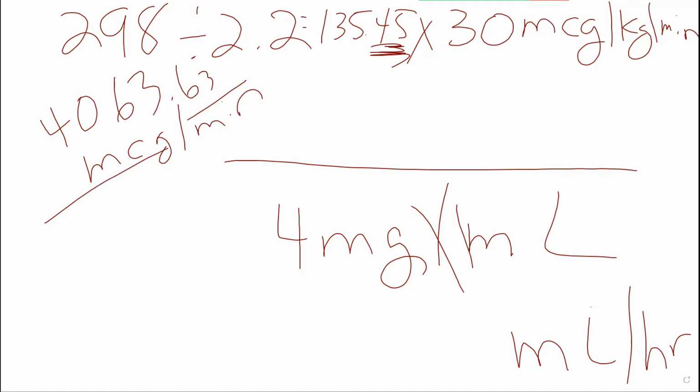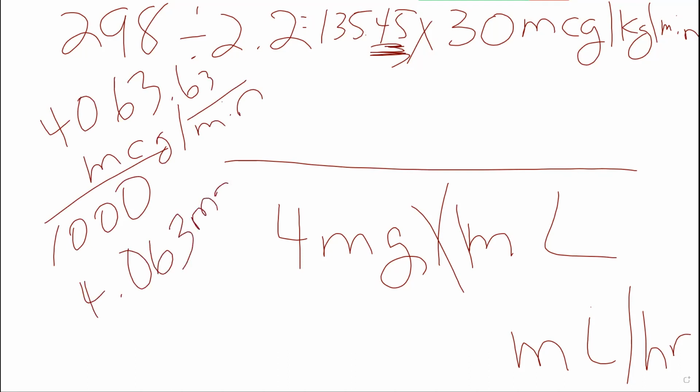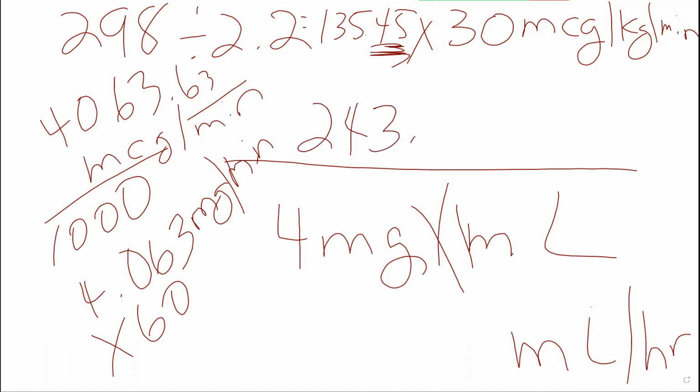We're going to divide here to take it to milligrams, and it's going to give us 4.063 milligrams per minute. We're going to multiply by 60. That gives you 243.81 milligrams per hour.